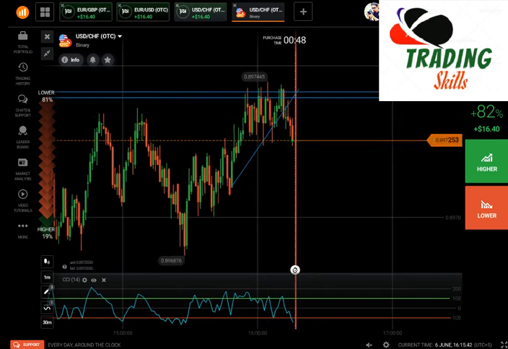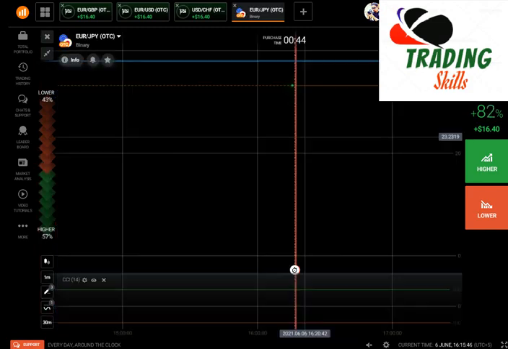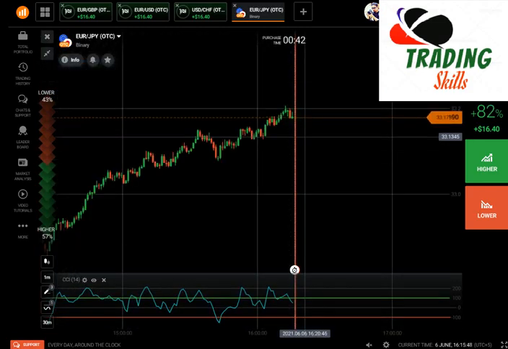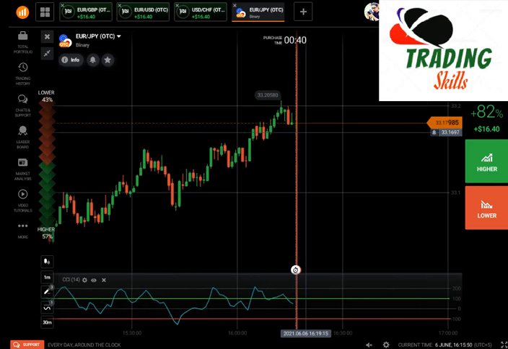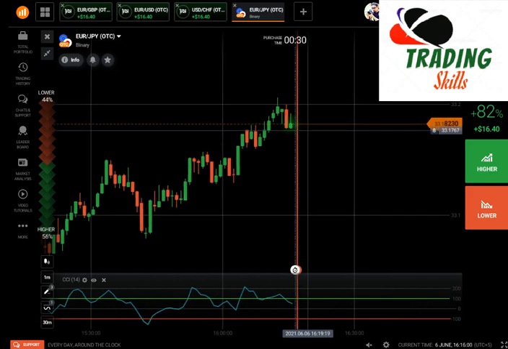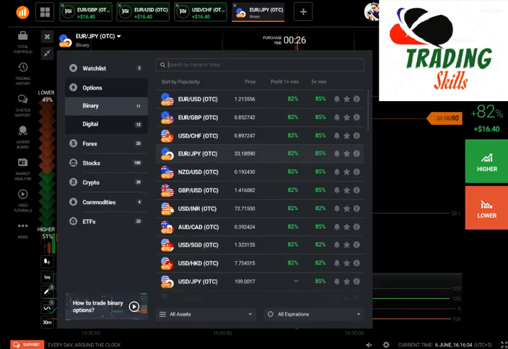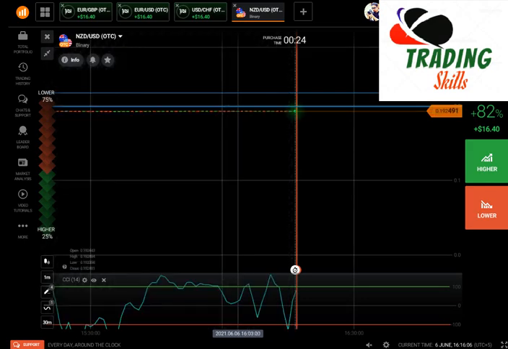So I need to open another pair, in this Euro JPY. If the candle comes down, I'm going to take my trade in an up direction. So let's see. Market already reversed. Okay, I need to open another pair.